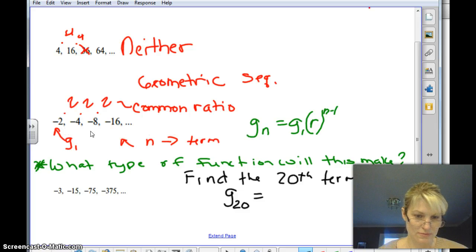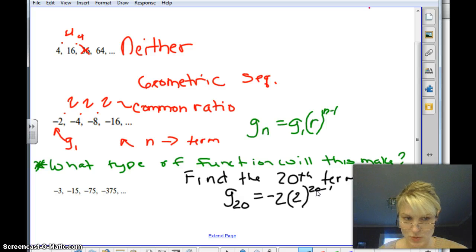I know g sub 1 is -2, so I put that in there. I know my common ratio here is 2. And then I also know that my n is going to be 20 minus 1. Remember, we do that minus 1 because we have to know the term before it. I have to know this is -8, so I can times 2 to get the fourth term, -16. So we subtract one term.